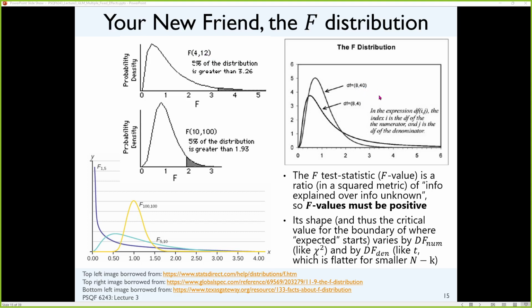The first number is always degrees of freedom for the numerator, number of slopes. So number of slopes is first, degrees of freedom numerator, comma, and then number of slopes you could have added but didn't, denominator degrees of freedom, which is based on your sample size.